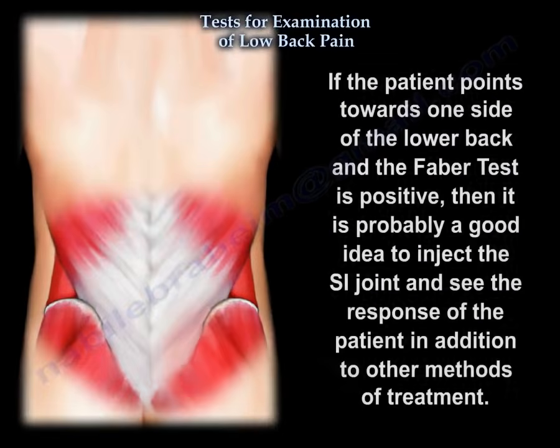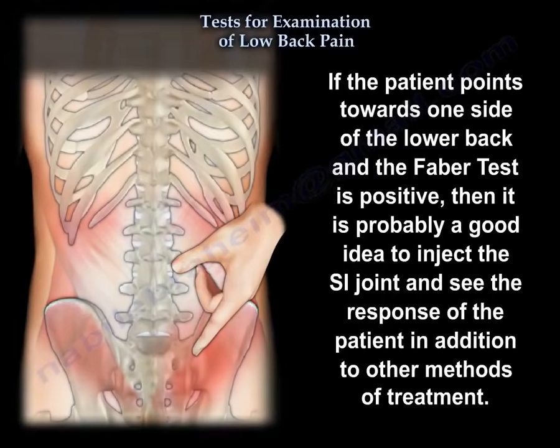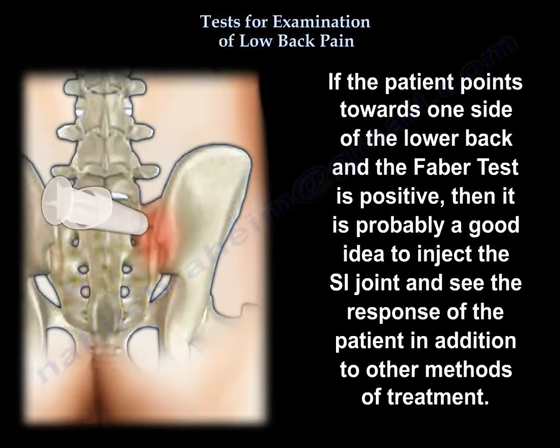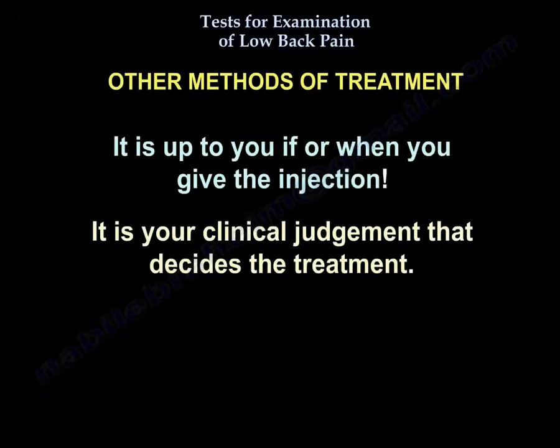And if the patient points towards one side of the lower back and the Faber test is positive, it's probably a good idea to inject the SI joint and see the response of the patient, in addition to other methods of treatment. When do you give the injection? It's up to you. It's your clinical judgment that decides the treatment.